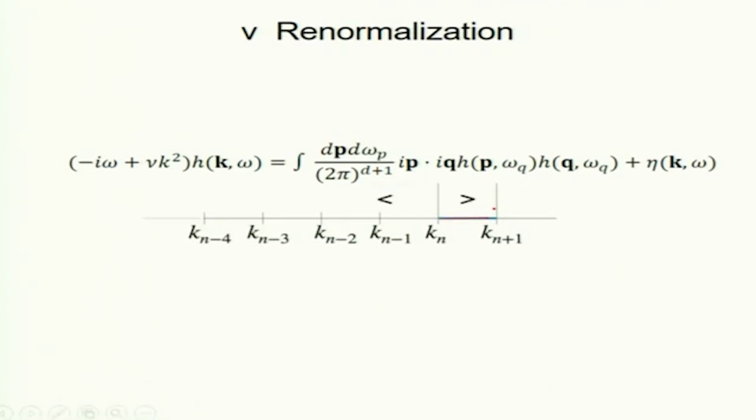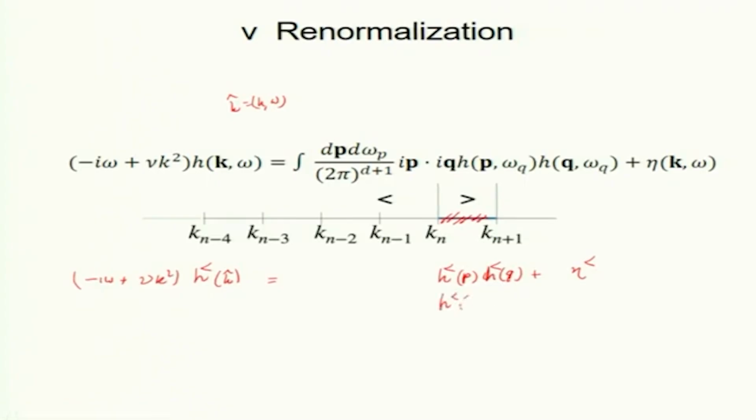So, I need to separate into less and greater. Remember, we are going to see the effect of this on nu. So I write minus i omega plus nu k squared times h less of k omega, where k hat is k omega as shorthand. The right-hand side will involve h less of p, h less of q, plus eta less, but it has other terms too: greater-greater, greater-less.